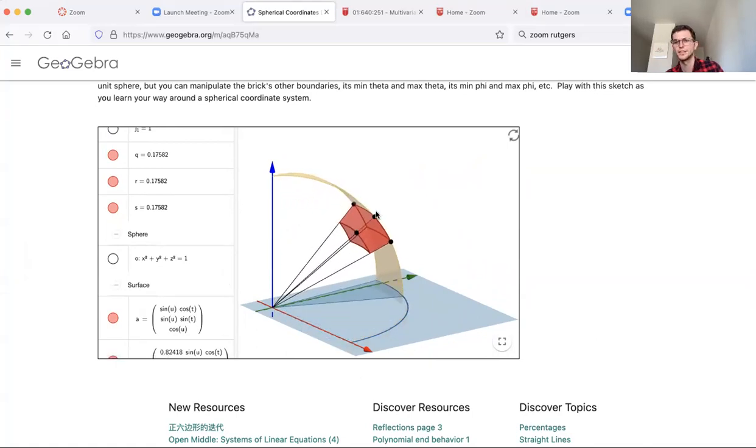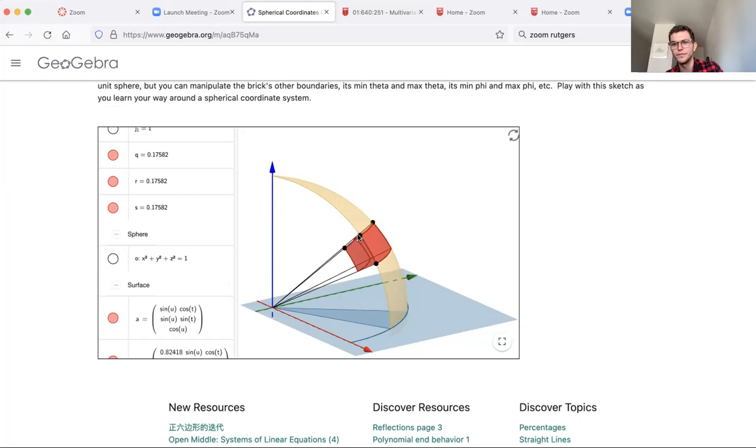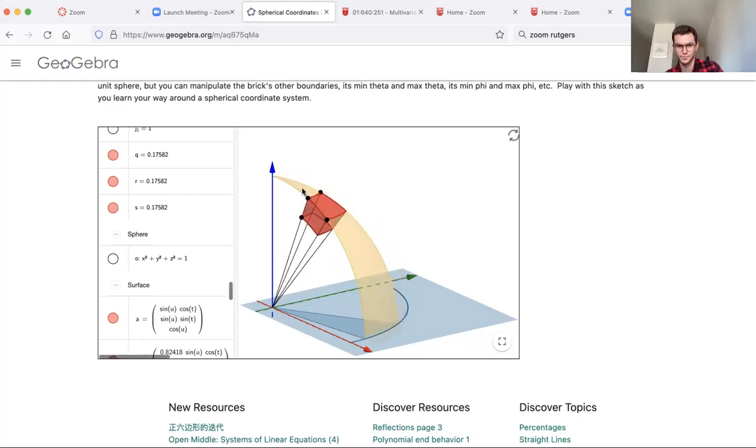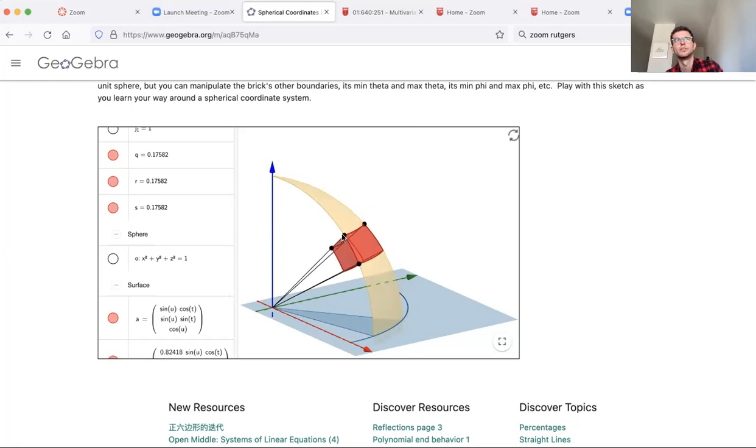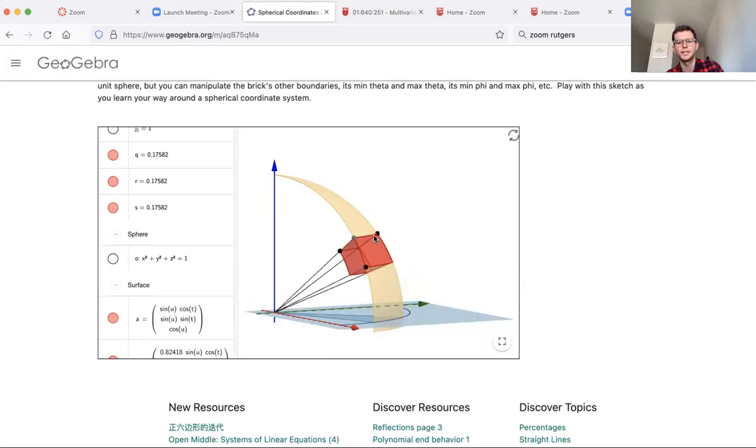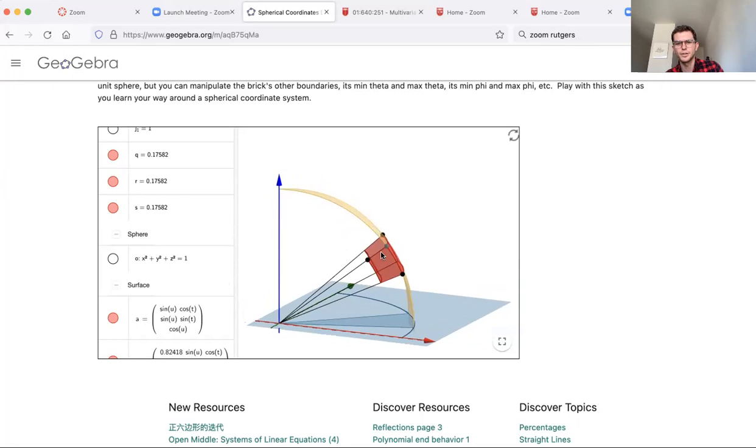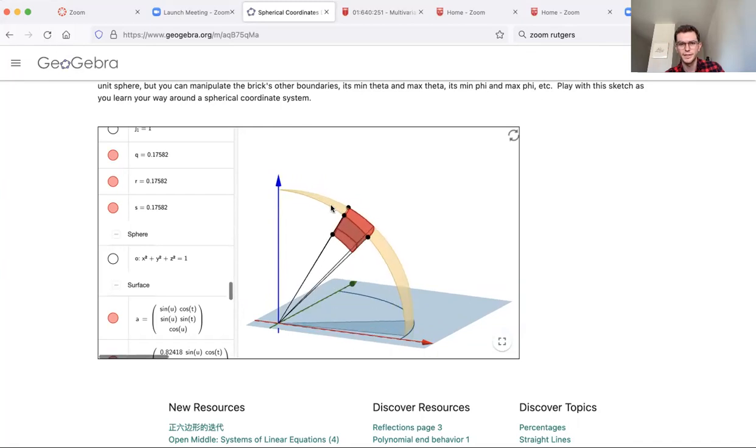But that's what will go into dV. For that you need the formula for the surface area of a sphere and other things. It's a cute exercise, but I'll just read what the formula is. In Cartesian coordinates, you break the space into mini boxes. In spherical coordinates, you're breaking the space into things that look like this.